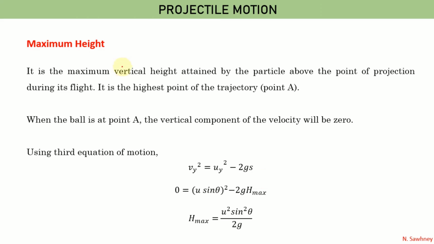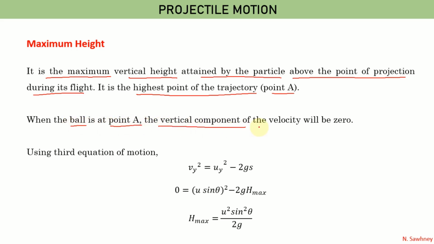Now let us calculate the maximum height attained by the projectile. It is the maximum vertical height attained by the particle above the point of projection during its flight. The highest point of the path, that is the trajectory, in our figure is represented by point A. When the particle, or here we have taken the ball, is at point A, the vertical component of the velocity will be 0.